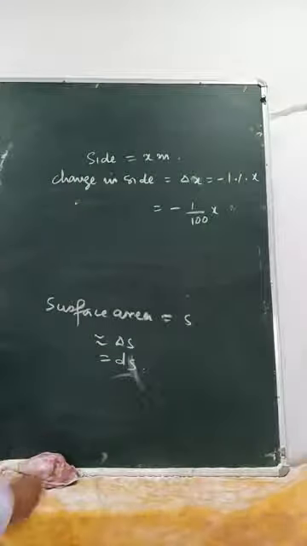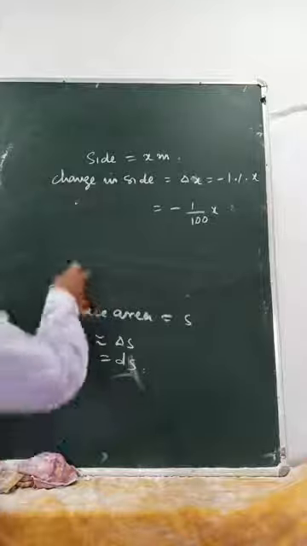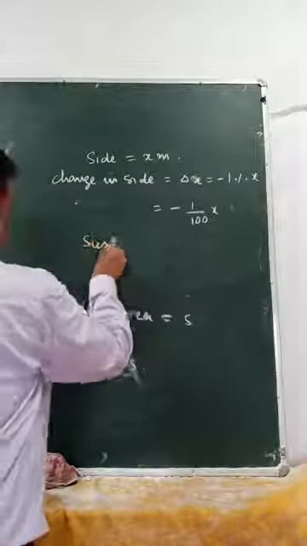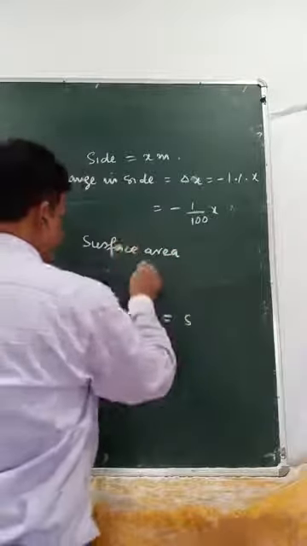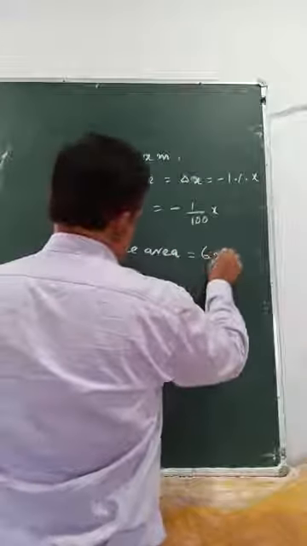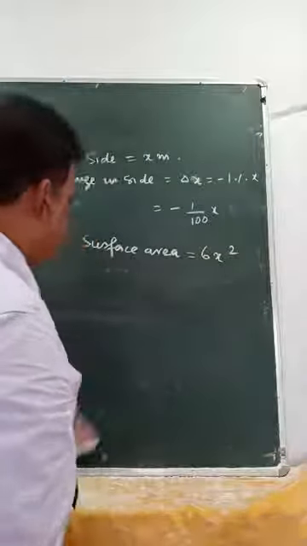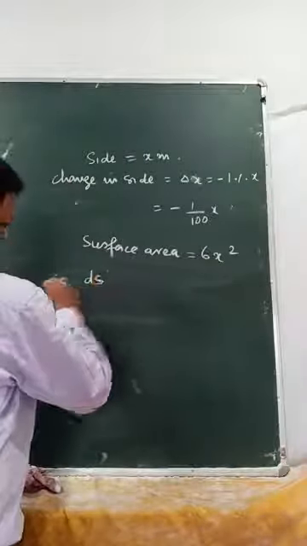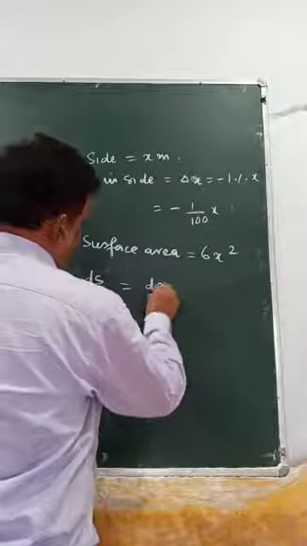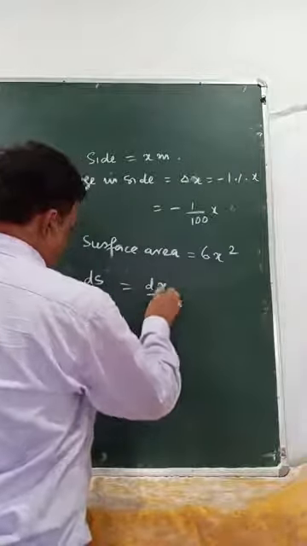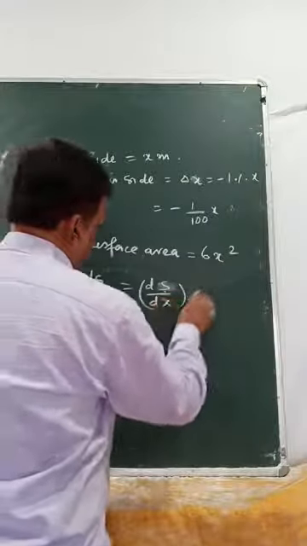Okay. Now what is the formula for surface area? Surface area equals 6x square. Now look, you need to find dS. dS will be dS by dx into dx.